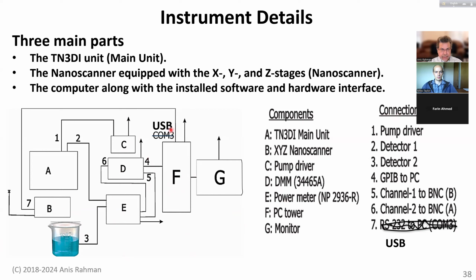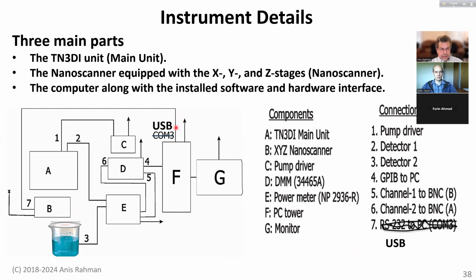So the connections are shown this way. You'll see that COM3 here we have taken out, because RS-232 used to be a way of connecting the scanners. And now we use USB, which is a faster and better connection.